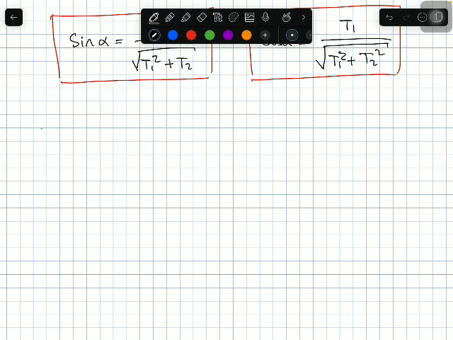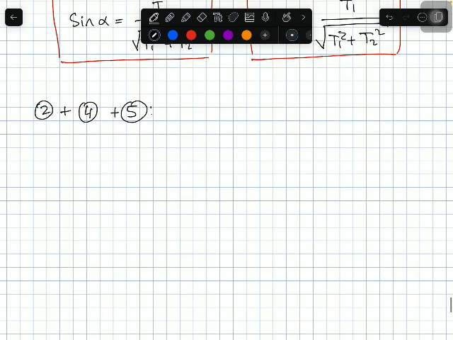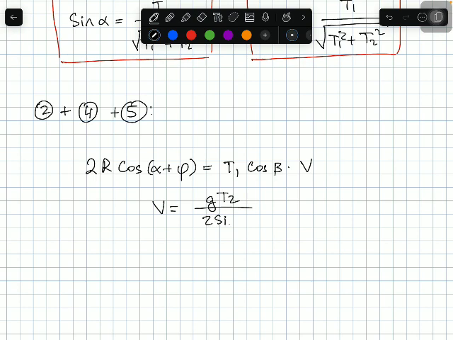Now we combine equations 2, 4, and 5 and get the following relation. 2r cosine alpha plus phi equals t1 cosine beta times v. And for v, we will substitute g t2 over 2 sine alpha.